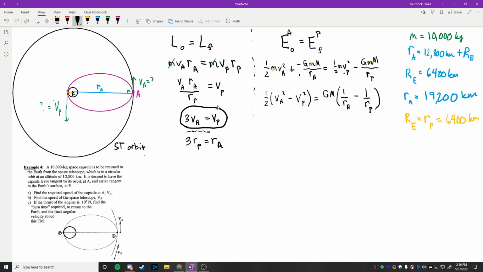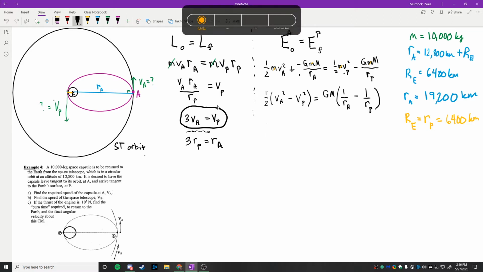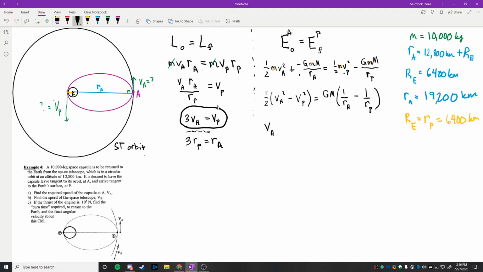So if we did that, this is what we're going to get. I'm going to move the 1/2 to the right-hand side. So we're going to have VA squared, stays the same, minus VP squared is going to be 3VA squared, right? One over RA is 1/3 times RP.